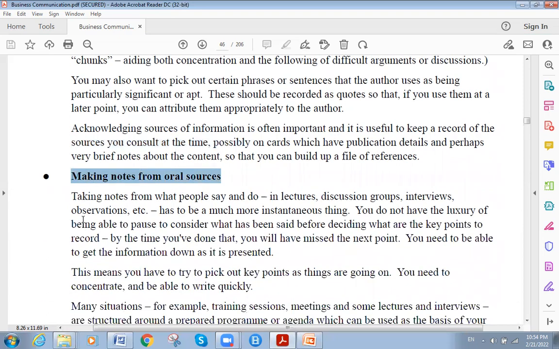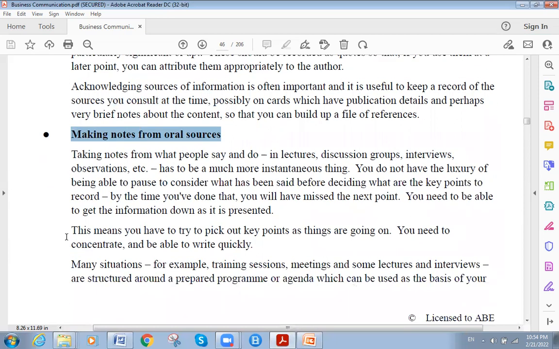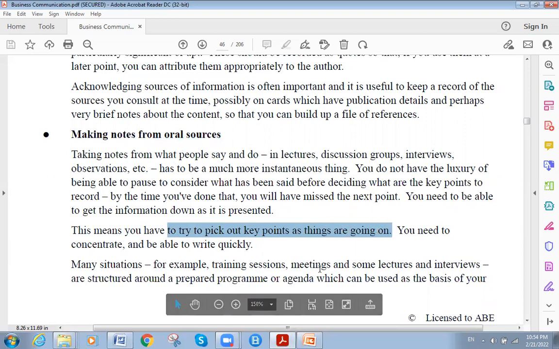Making notes from oral sources also. You should make notes from oral sources. In the oral sources, you have to pick up key points of what is going on.